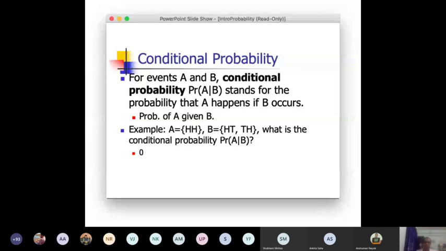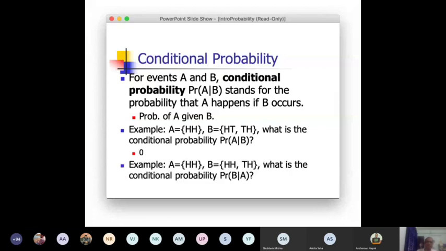Okay. So any confusion? Does anyone have any confusion? No, sir. So you understand that HH is not included in the set B here, of course, in this context. So if B occurs, definitely HH was not included there. So it has not occurred.